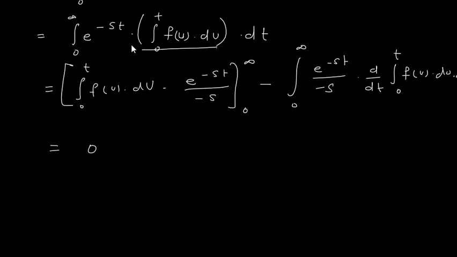Here it is minus minus plus, and we have 0 to infinity e power minus st upon s into the derivative of 0 to t f of u du. If I take the derivative, the integration and derivative cancel, and I will get f of t into dt.